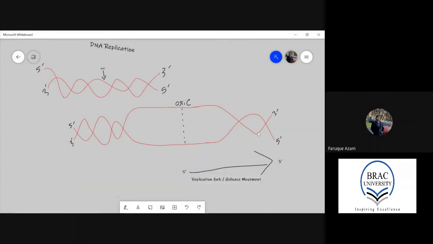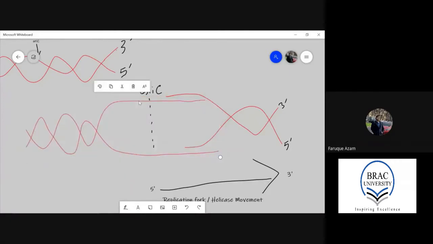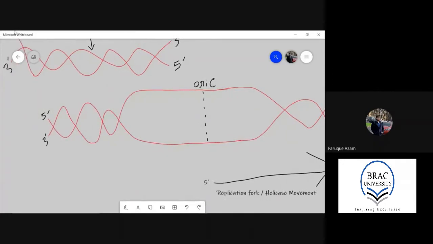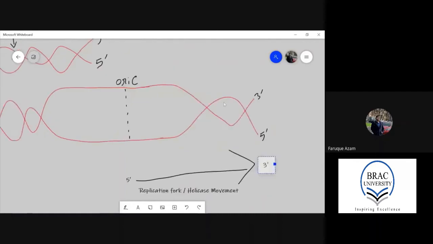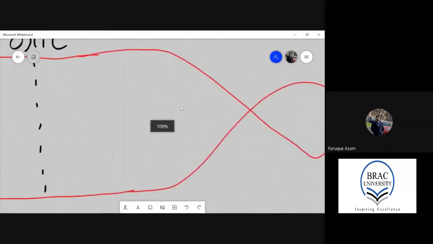So if I draw the helicase, the helicase will be at the 5 to 3 prime end strand. This is 5 prime, the upper strand. So the upper strand is 5 to 3 prime end, and the helicase will be at this strand.